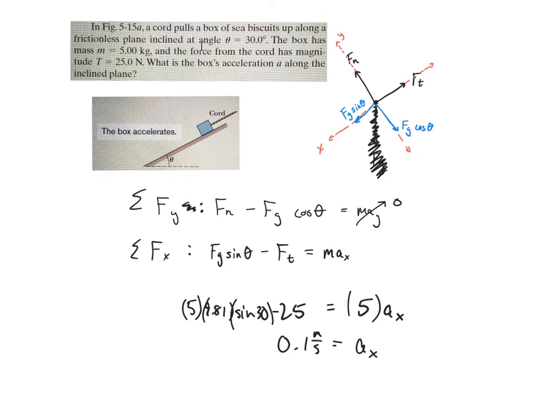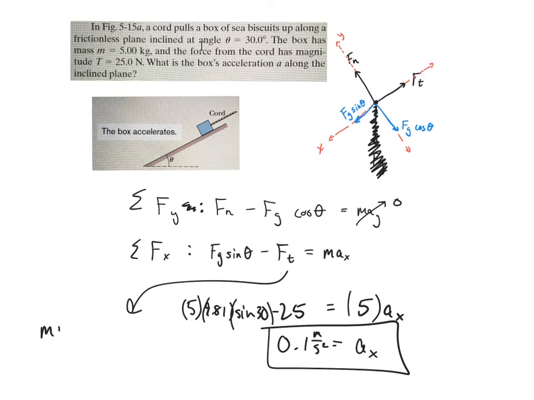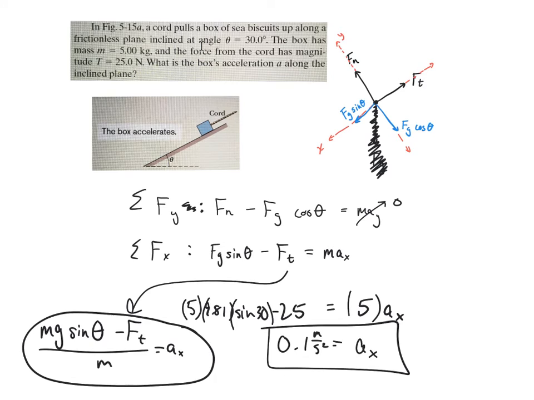Now, like last problem, it's really more important to get the algebraic solution. So let's do that. This becomes mg sine theta minus Ft all over m equals ax. Circled over there on the left is really the more important solution. And what does this tell me? Let's go through the process.